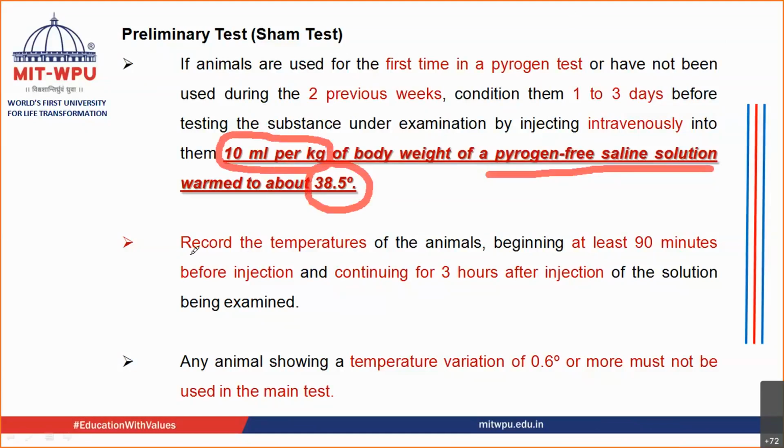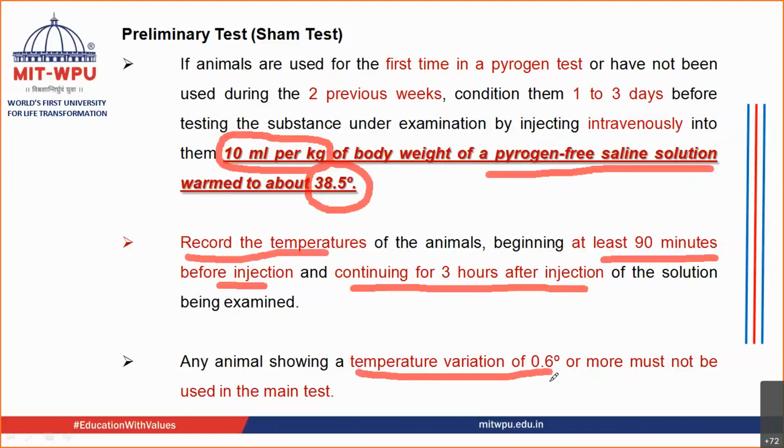Then you're going to record the temperature at least 90 minutes before the injection. So you should start recording the temperature 90 minutes before the injection, and you should continue for 3 hours after the injection. That is how you are going to record the temperature, right? If any animal is showing a variation of 0.6 degrees Celsius, then you are not going to select that animal for the main test.